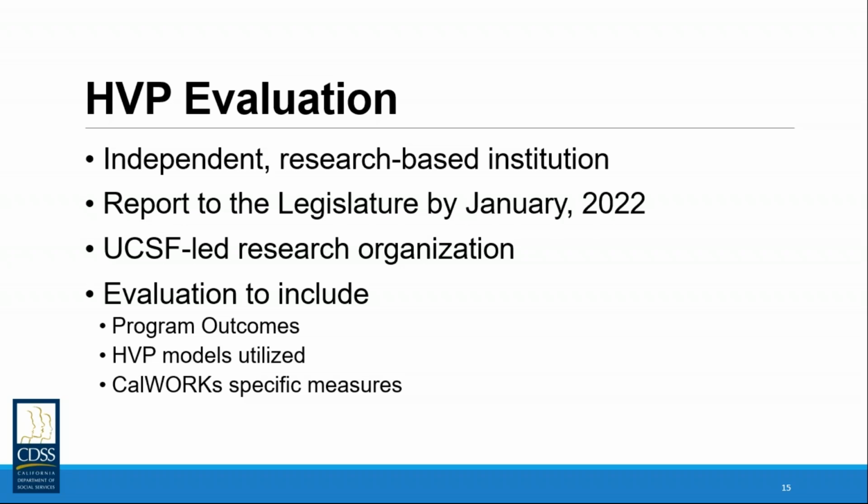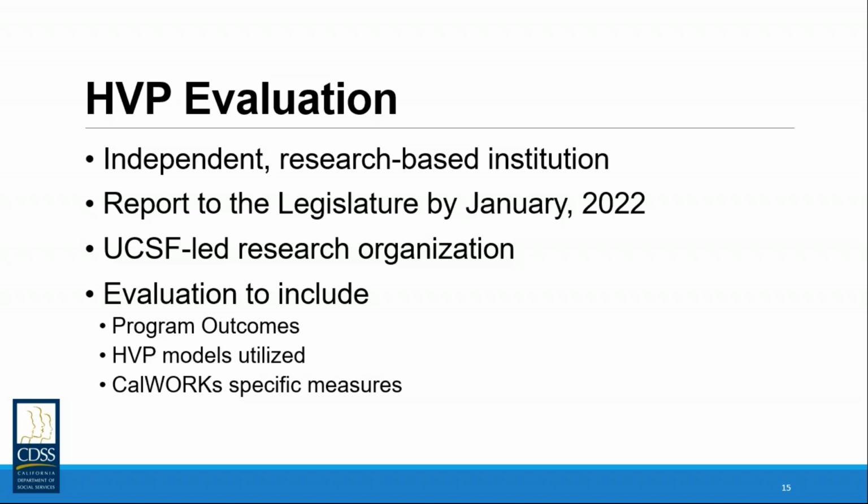And the Family Health Outcomes Project at the University of California in San Francisco, in partnership with the Resource Development Associates, were awarded the evaluation, and evaluation planning and preparation are currently underway. The evaluation is required to include those program outcomes for the parents and children served in the program, a detail of different HVP models utilized, and other measures specific to CalWORKS objectives.